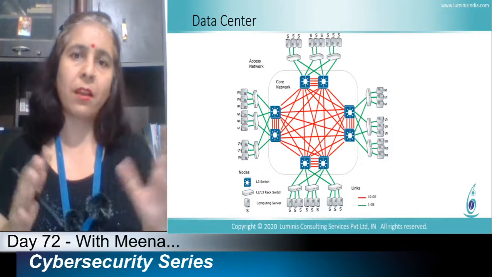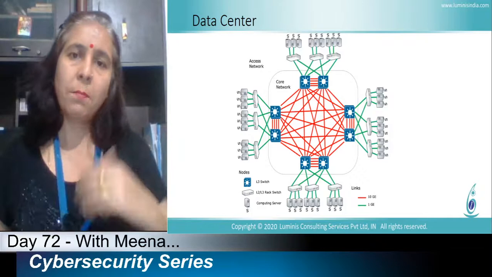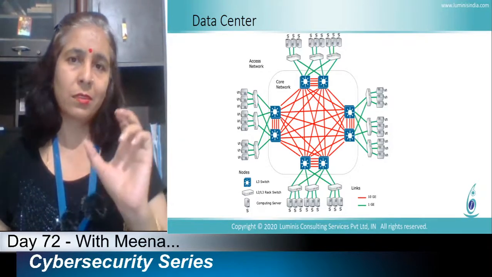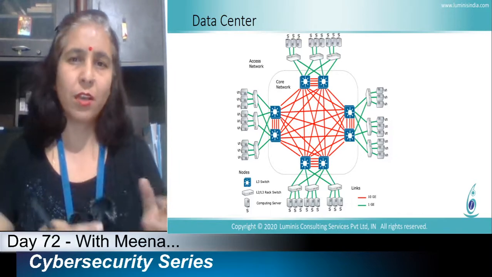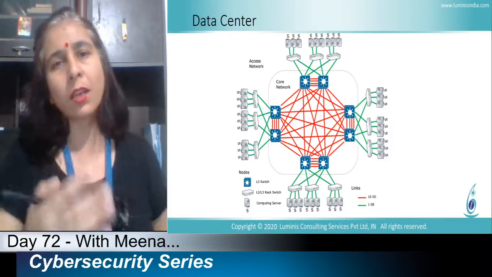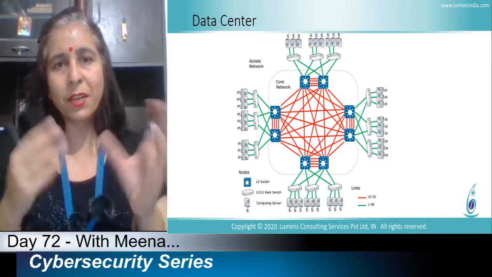For example, a company may not be implementing the protocols, applications, hardware or software so that their network can give better performance and better productivity.